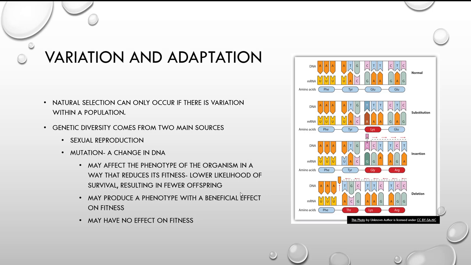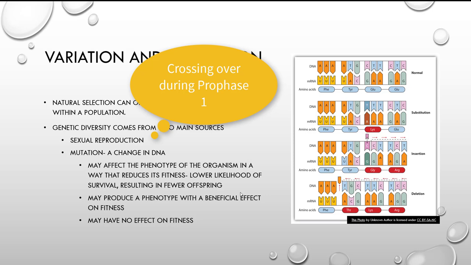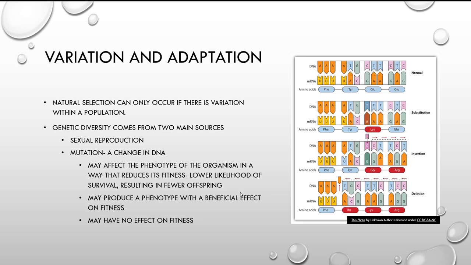The other way was during crossing over. So remember, with crossing over, that occurs during which stage? That occurs during prophase I. So that creates that recombinant DNA. And so with the exchange of the chromosomes, we can get a little bit more shuffling of the DNA. So that creates genetically unique gametes.